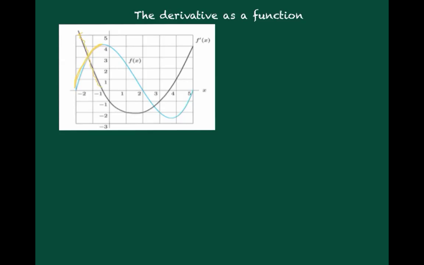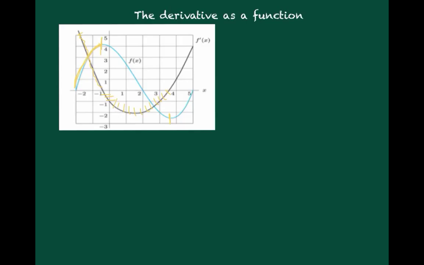Then the original function begins to decrease. It decreases from about negative 0.5 all the way to about 3.5. You can notice that is the same time that the derivative is negative. The derivative is negative all the way from negative 0.5 to about 3.5.